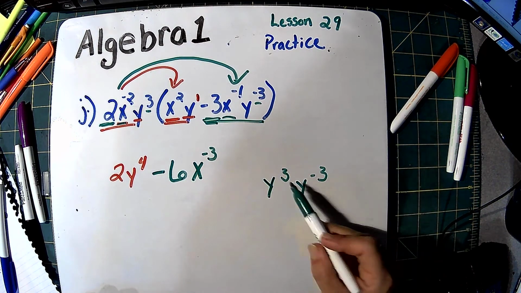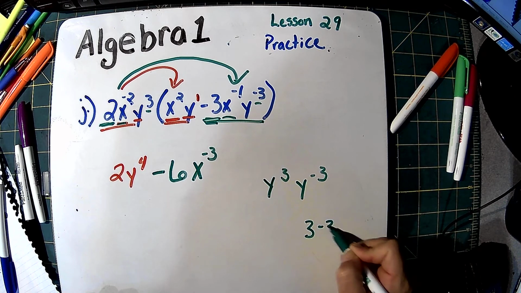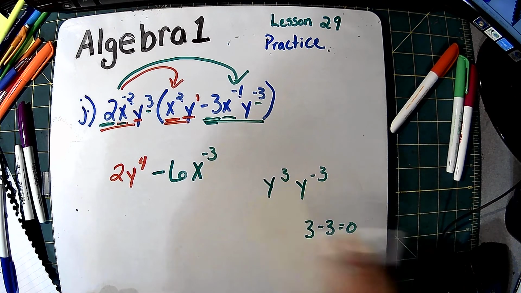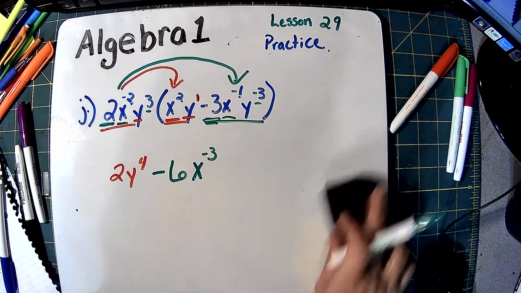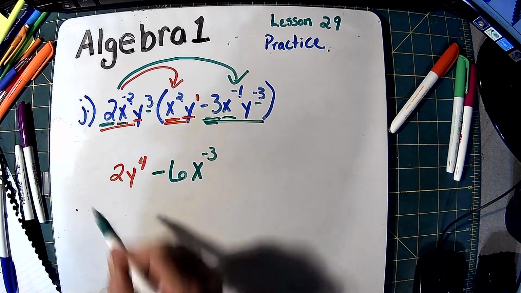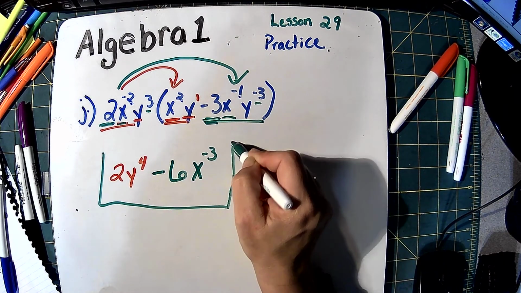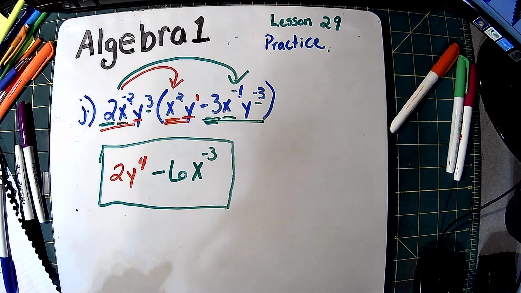Okay, so that means 3 minus 3, which would equal 0. So that means that we don't have any y's on this term. So that's the answer, 2y to the fourth minus 6x to the negative third.